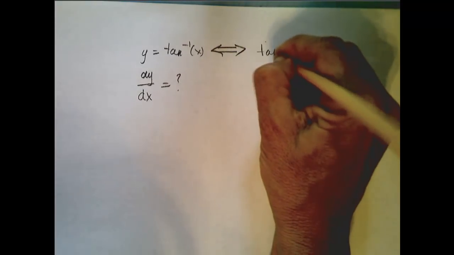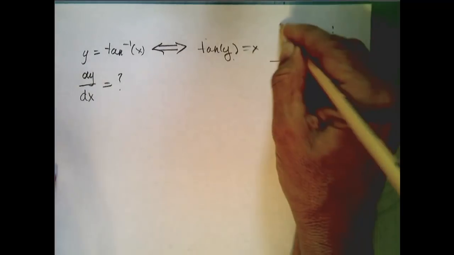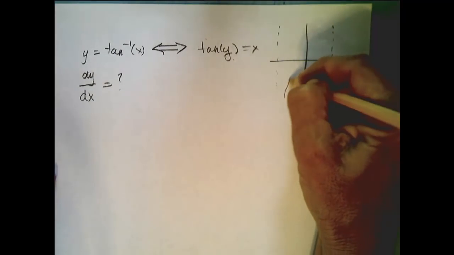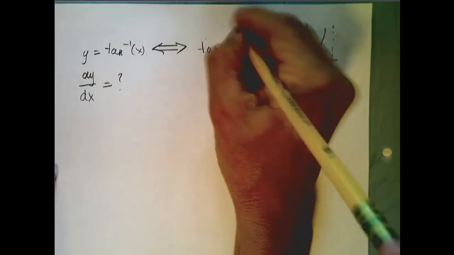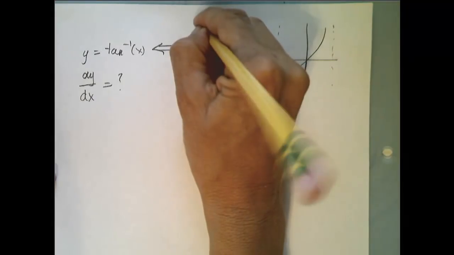So if y equals tangent inverse of x, then tangent of y equals x on its restricted domain, and the standard restriction for tangent when talking about its inverse is negative pi over 2 to pi over 2, but this time we can't include the endpoints. So y is less than pi over 2 and bigger than negative pi over 2.